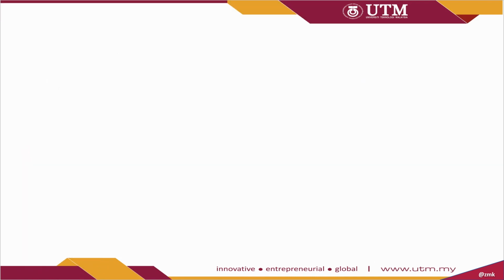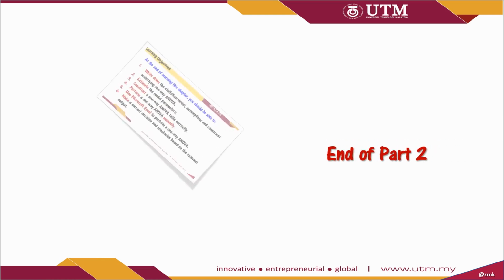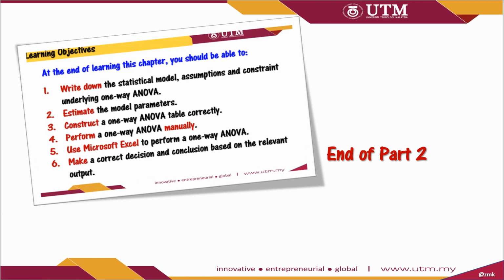Having done two working examples on performing a one-way ANOVA, which is analysis of variance, we are at the end of part 2. Let's check on the learning objectives you should be able to achieve by now on this chapter.